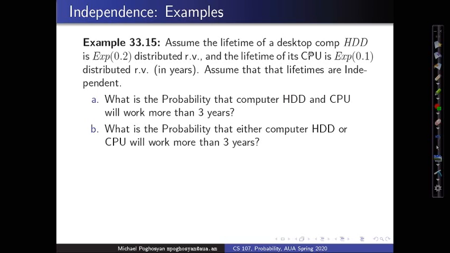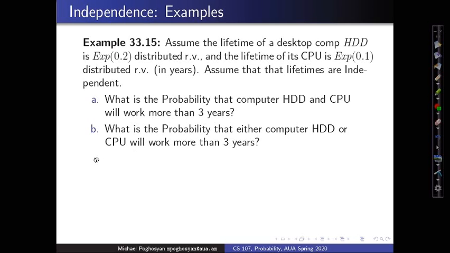So the average for the CPU is 1 over 0.1, 10 years, and 5 years for the hard disk, HDD. Assume that lifetimes are independent. Well, we can assume that the lifetime of the hard disk is independent of the lifetime of the CPU. What is the probability that the computer's HDD and CPU will work more than 3 years?